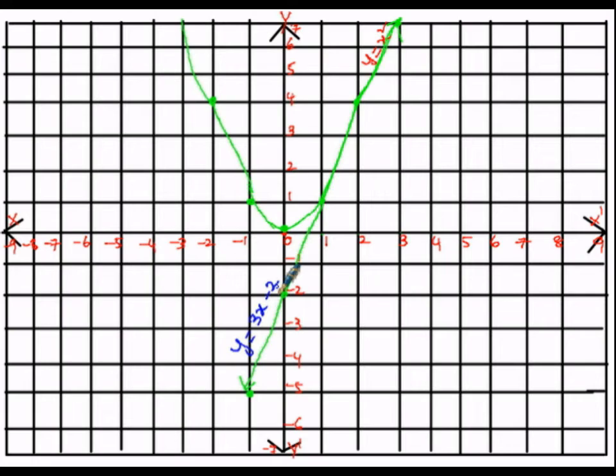Now, from here it is intersecting at 2 points. From there I am going to drop perpendicular lines. Therefore the solutions are: one is 1, the other is 2. So the solution set will be 1 comma 2.